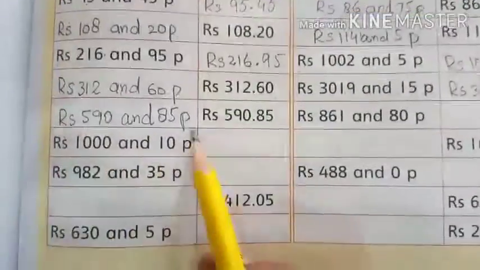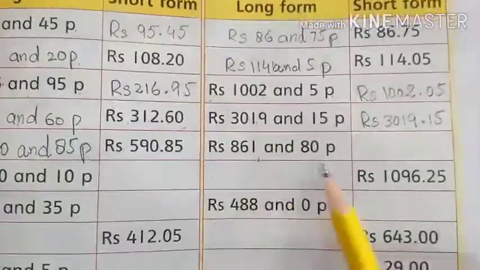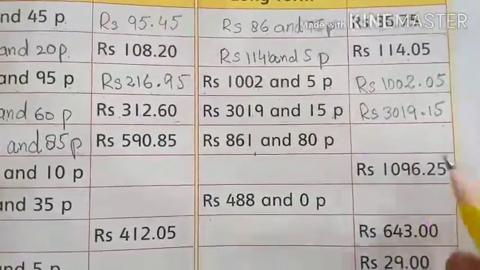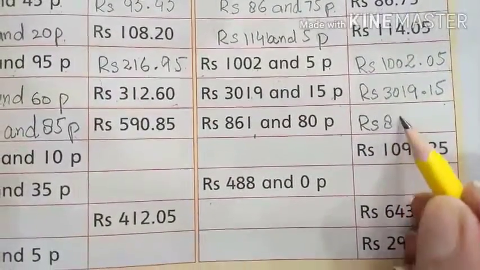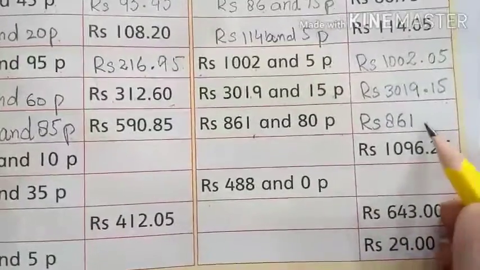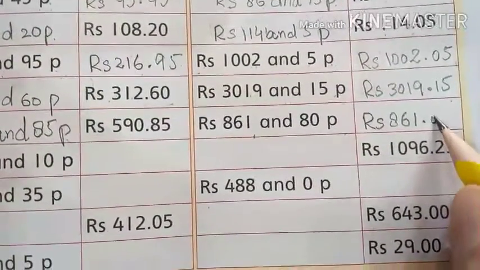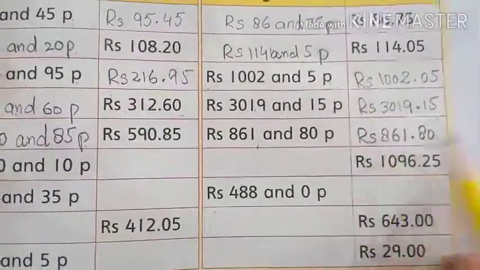This is the long form. Next one is rupees 861 and 80 paise. We will write in short form like this: rupees 861. We will put the point and 80. Okay students, this is the short form.